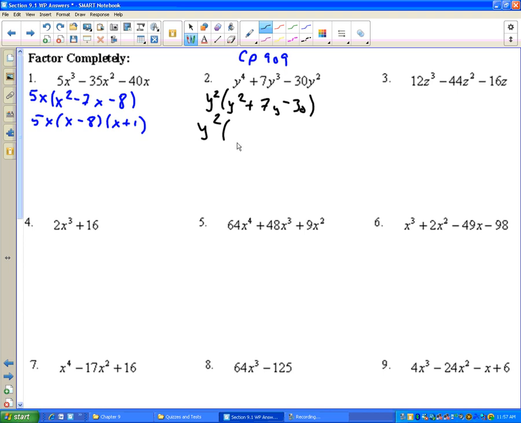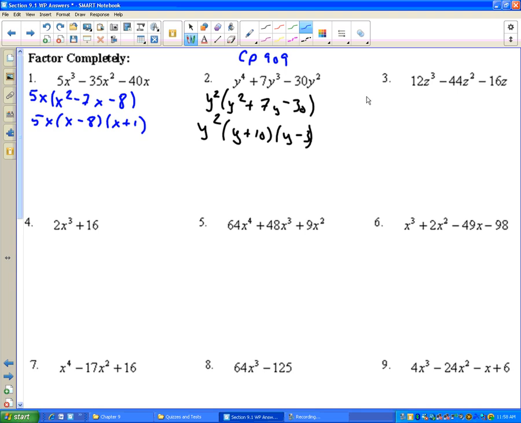So let's see, I'm coming up with 3 and 10. So this is y plus 10 times y minus 3. That gives me a negative 30 and adds up to a positive 7. So that's fully factored.